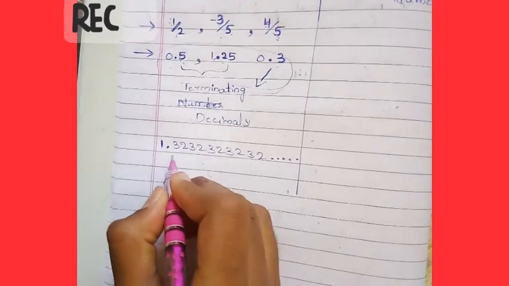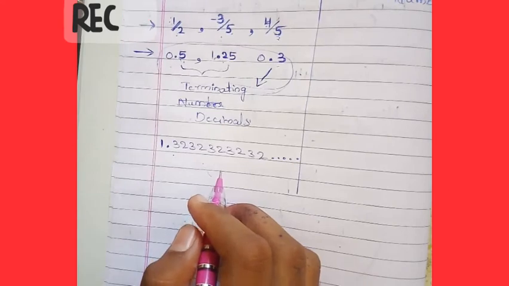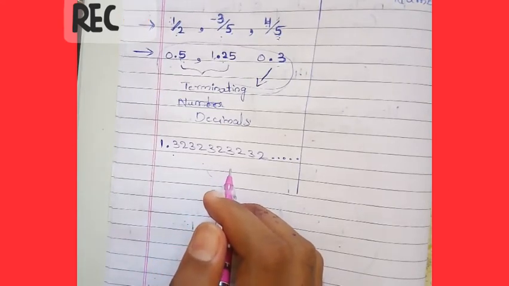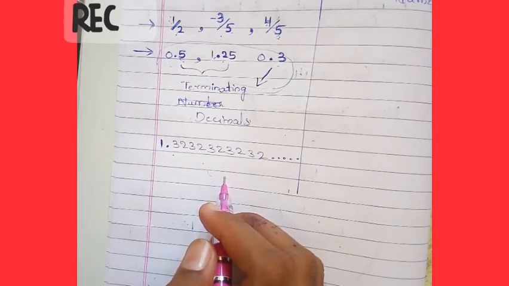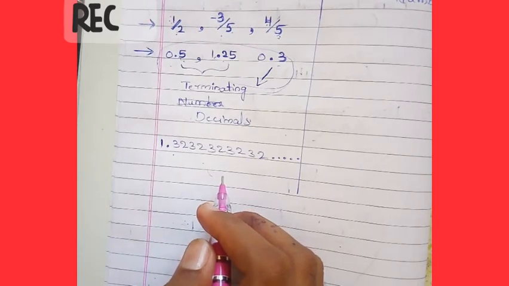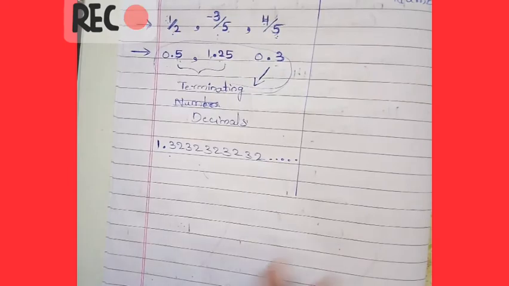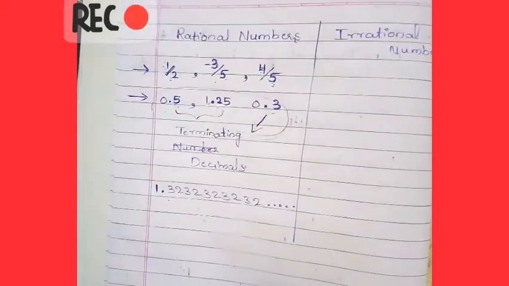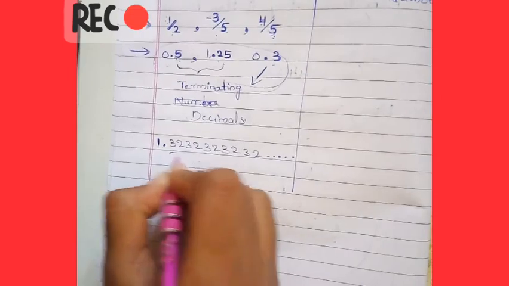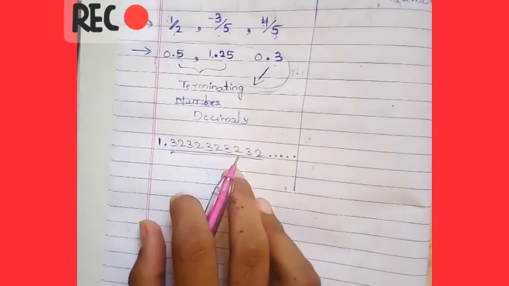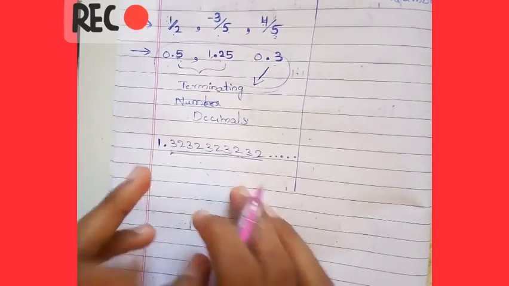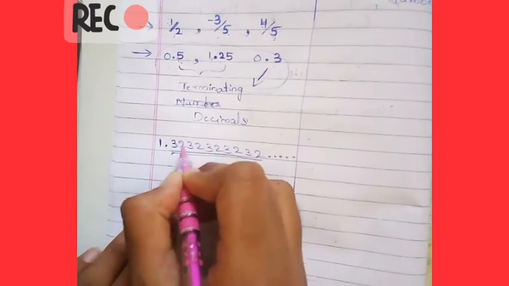Yes, this is a rational number, because as we recall from the previous page, recurring numbers are rational numbers. Is this a recurring number? This may be terminating or non-terminating, but this is a recurring decimal.